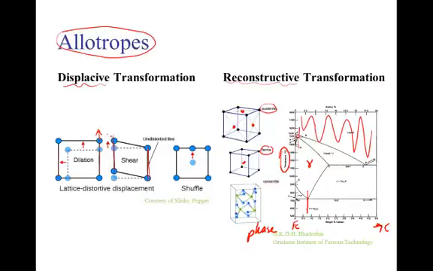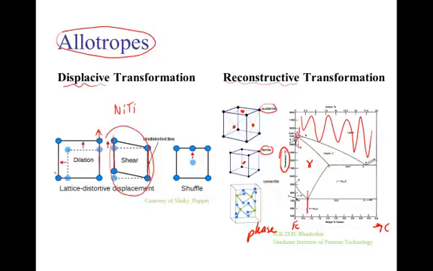Very small changes, these transformations can happen rapidly even when they're not the equilibrium reaction that's supposed to happen. And some of these are very important to dental materials. For example, this shear displacive transformation happens in the superelastic nickel titanium alloys that we use in some orthodontic arch wires and gives them their superelastic properties.